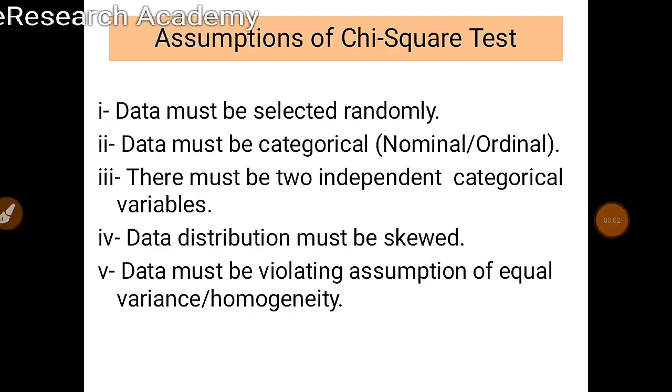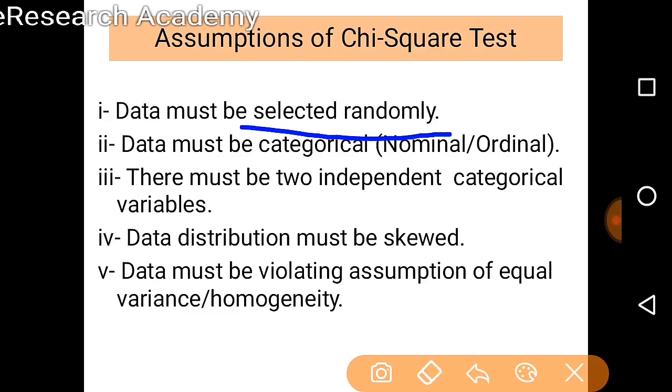So friends, before working on the numerical part of the chi-square test of independence of two categorical variables, we must understand the assumptions of the chi-square test. The first assumption is that the data must be selected randomly. The second is that data must be categorical in nature, meaning either nominal or ordinal.